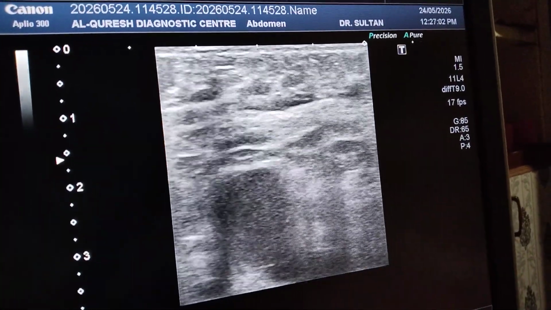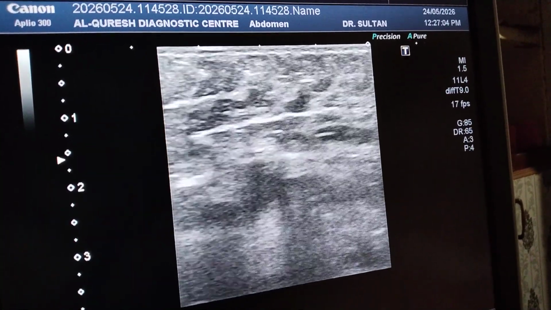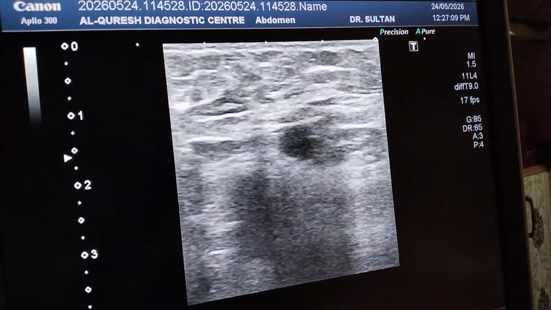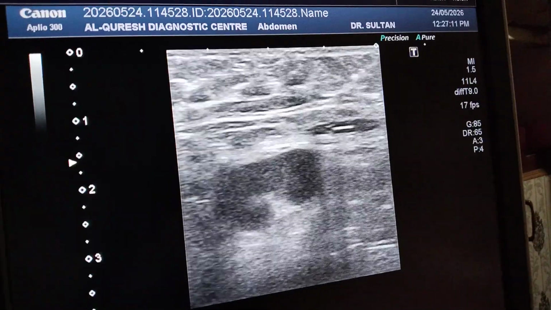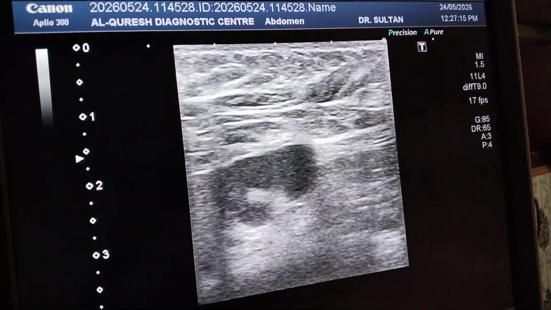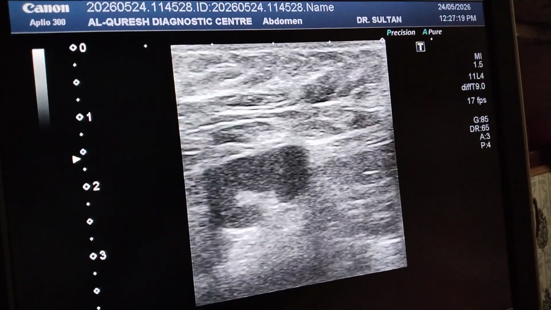So arterial blood flow is also seen. So multiple lymph nodes are seen at the right axilla with significant cortical thickness.